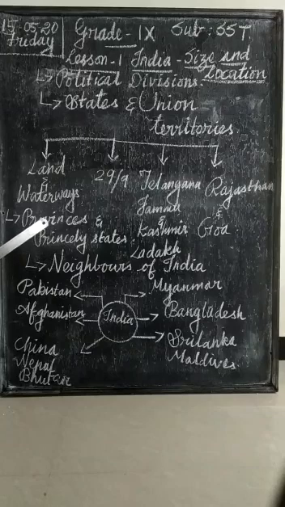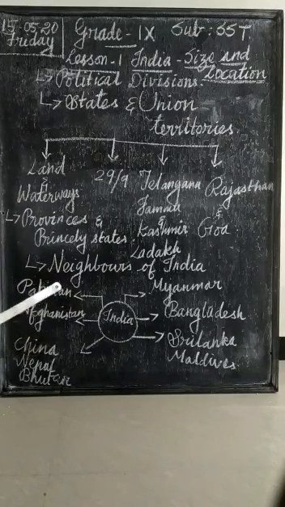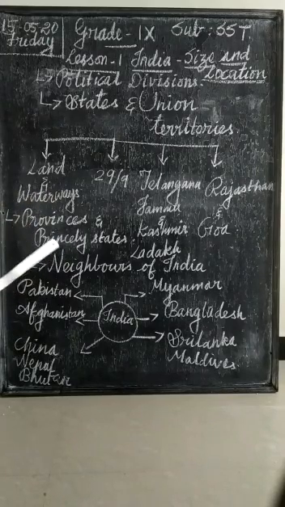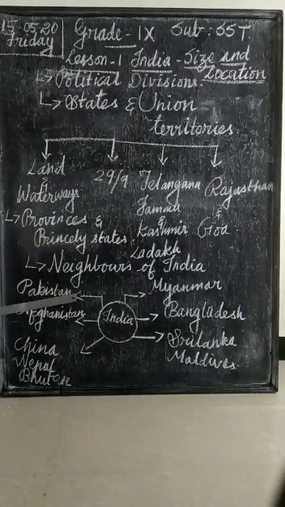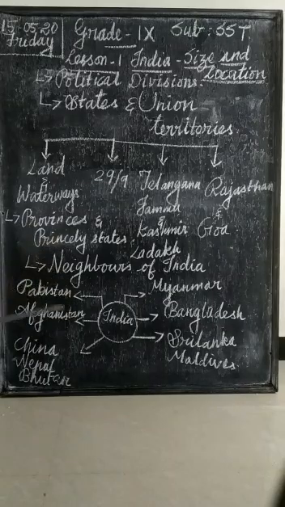Rajasthan is the largest state, while Goa is the smallest state. India has strong geographical and historical links with its neighboring countries: Pakistan, Afghanistan, China, Nepal, Bhutan, Myanmar, Bangladesh, Sri Lanka and Maldives.